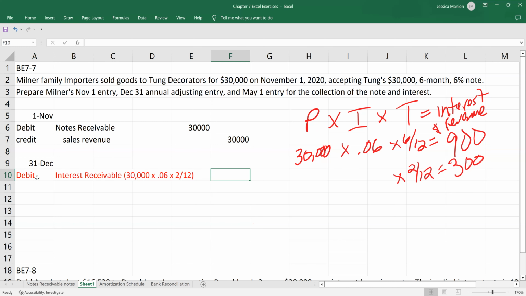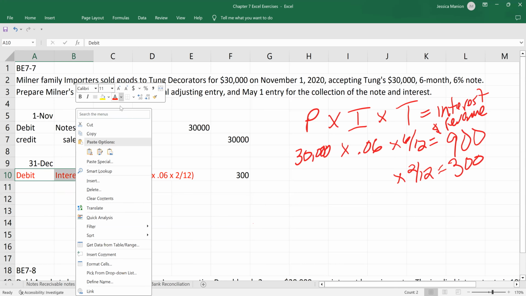And that gets us equals 30,000 times 0.06 times 2 over 12. That's our 300 interest receivable.